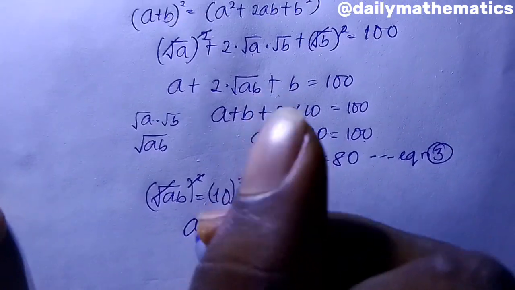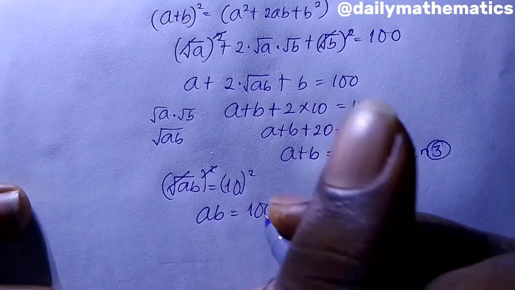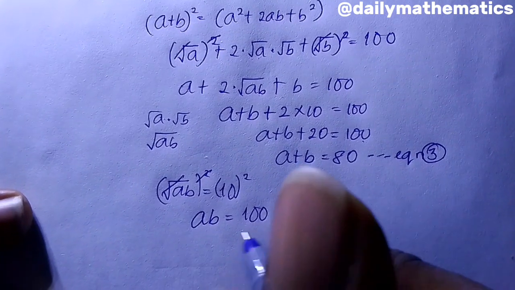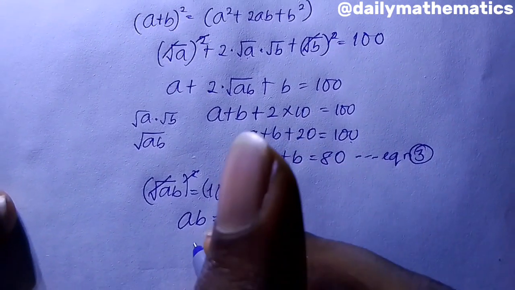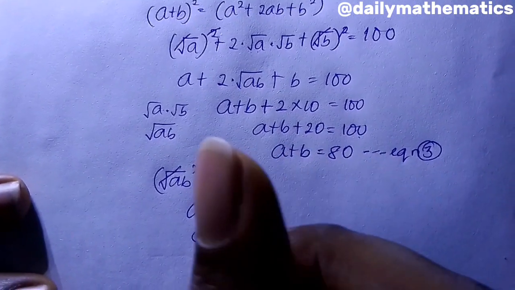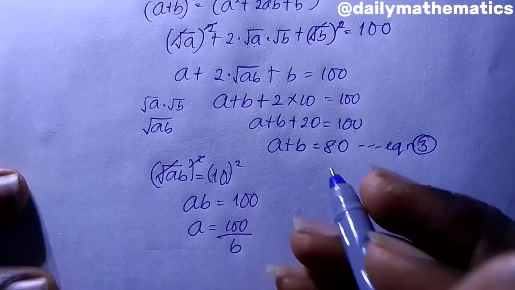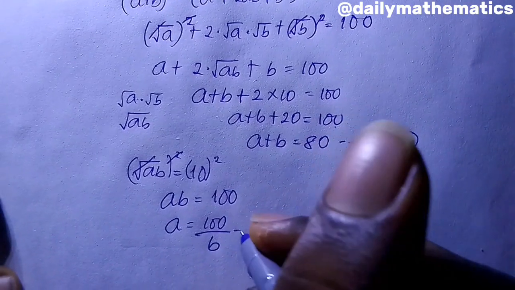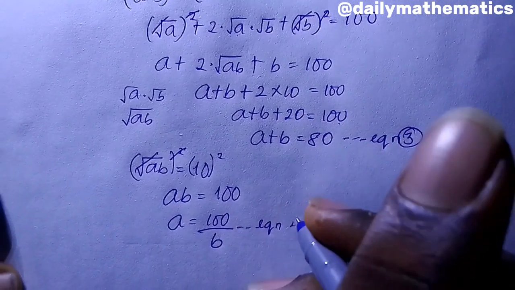You see ab equals 100. So you can take out any one and make it the subject of the formula. Since ab equals 100, a equals 100 over b, right? That's if you want to make a the subject of the formula. So a will be equal to 100 over b, and we have our equation 4.